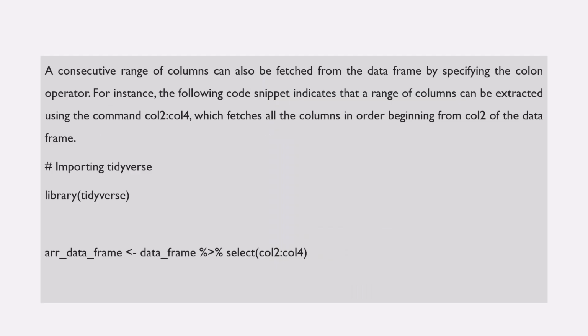A consecutive range of columns can also be fetched from the data frame by specifying the colon operator. For example, if you want to fetch from column 1 to column 5, you write the first column name, then a colon, and then write the last column name, and this will take all the columns in between those two columns.